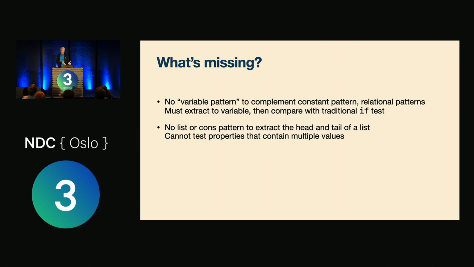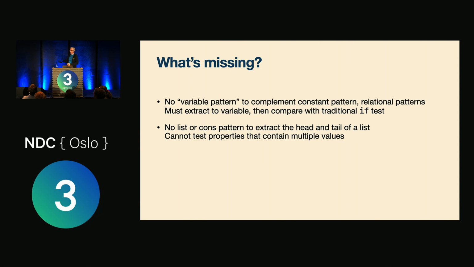F# is the same, I believe, so you can't compare a relational value against a variable, only against constants. But I think C++ is looking to do just that, and I think that's actually causing them some headaches, because then you don't quite know what you're parsing and quite know what the pattern looks like. But that's okay, you can still just extract it to a variable and compare with a traditional if test.